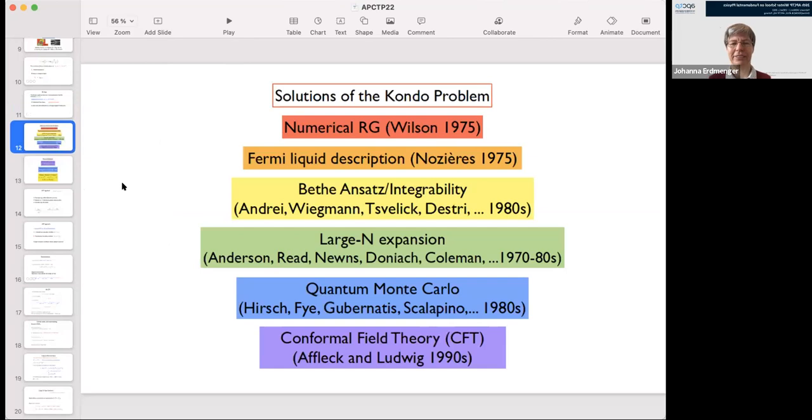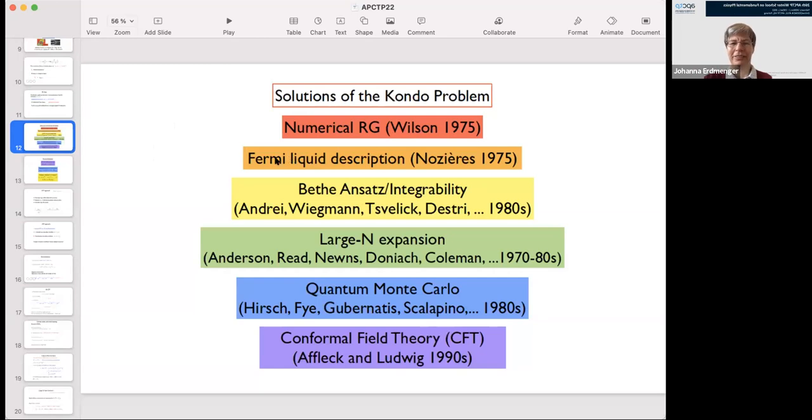This is another slide I borrowed from Andy. Due to all these nice theoretical features, many people in the 70s and 80s studied this model, and it helped to make a lot of progress in understanding quantum field theory. One was the RG, and also numerical methods, as I already mentioned.